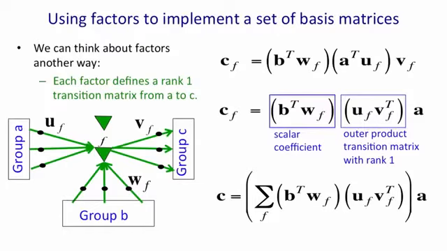So we can see that we've synthesized a transition matrix out of these rank 1 matrices provided by each factor, and what the current character in Group B has done is it's determined the weight on each of these rank 1 matrices. So B times W determines a scalar coefficient to put on each of the matrices out of which we're going to compose this great big character-specific weight matrix.